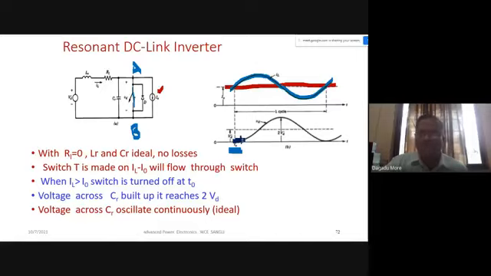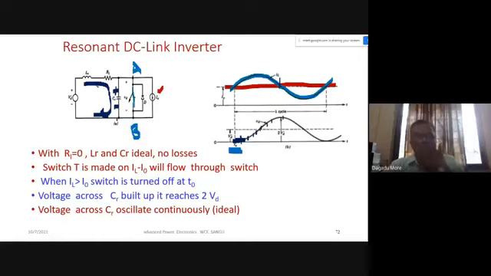Now the path for I0 is fixed, and since IL is more, this extra current will flow through the capacitor. Because of that, our capacitor voltage goes on increasing, and when the inductor current becomes equal to I0, the capacitor voltage reaches twice the input voltage, with this polarity, upper this and lower this.